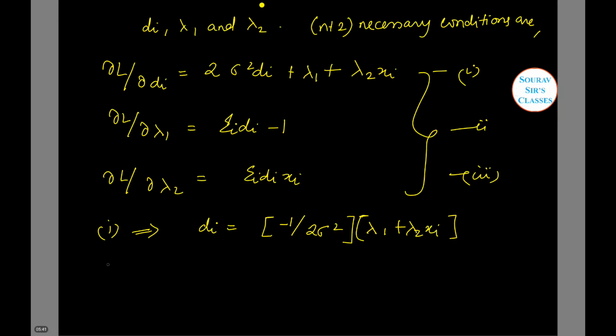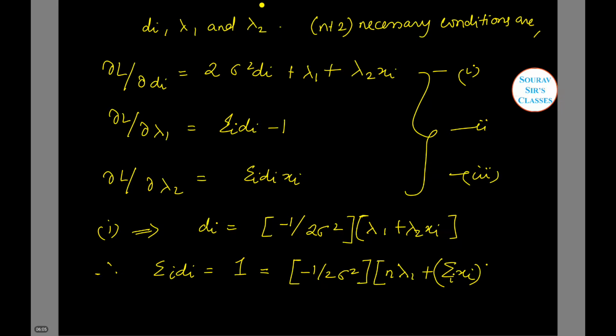Therefore we can write summation di is equal to 1, which is equal to minus 1 by 2 sigma square into n lambda 1 plus summation xi into lambda 2.